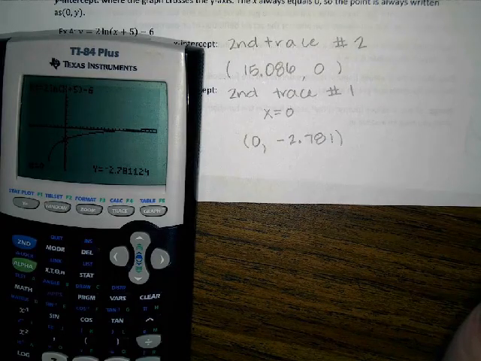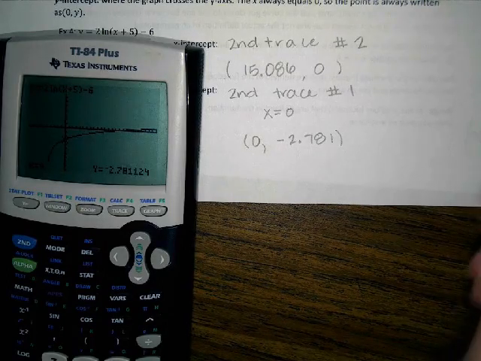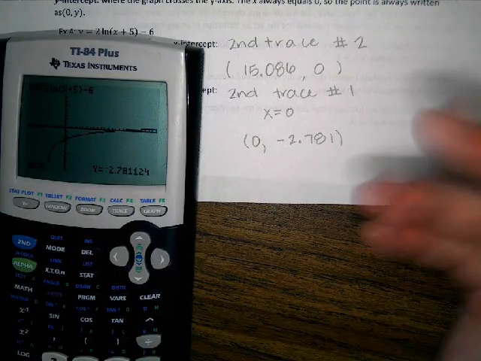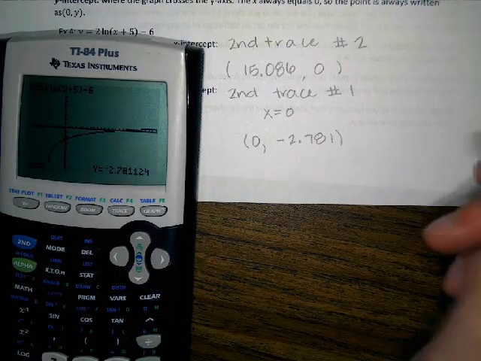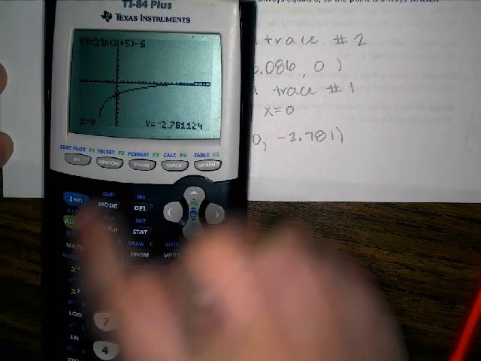I want to show you problems that always confuse students, where students think there's no x-intercept, but there is. So now we're going to put our calculator window back to normal. Hit the window button, take the 25 and put it back to 10.